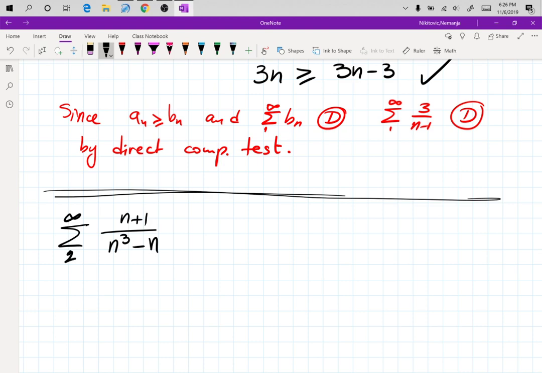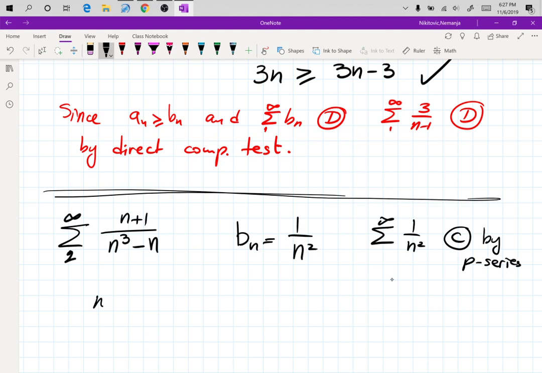When you look at the stuff from far away, that means that you kill the stuff that doesn't contribute as much as the front values. So what does it look like? It looks like 1 over n squared when you cancel it, whose summation converges by p series.